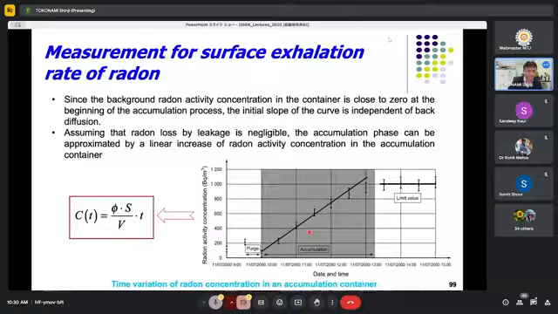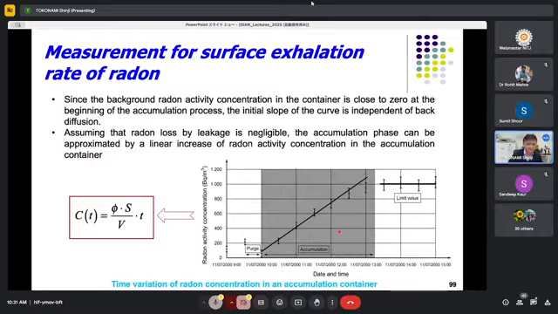Assuming that radon loss by leakage is negligible, the accumulation phase can be approximated by a linear increase of radon activity concentration in the accumulation container. Therefore, we can rewrite the equation like this. Radon concentration is proportional to time.